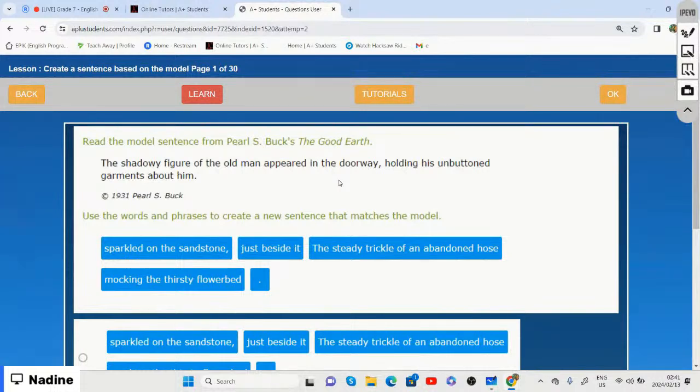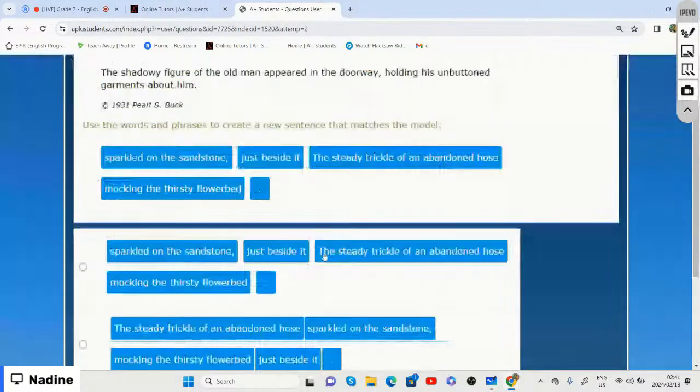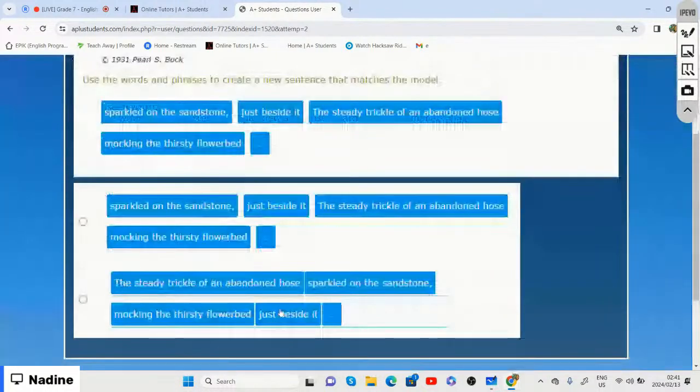And if we choose the correct one to match the model, we're going to say it is the steady trickle of an abandoned hose. It sparkled on the sandstone, mocking the thirsty flower bed just beside it. Which is the second one, the steady trickle of an abandoned hose sparkled on the sandstone, mocking the thirsty flower bed just beside it. All right.